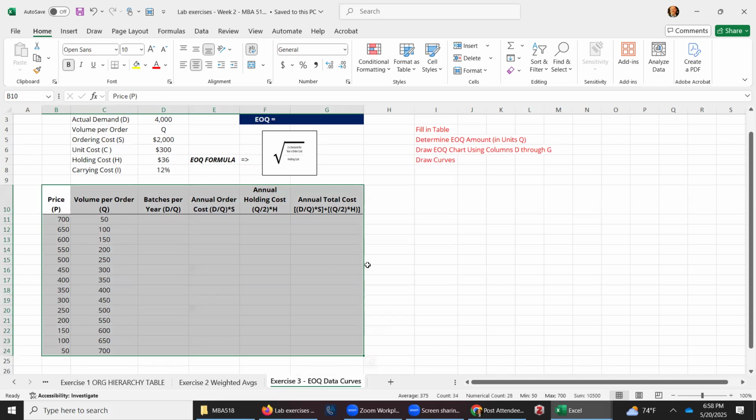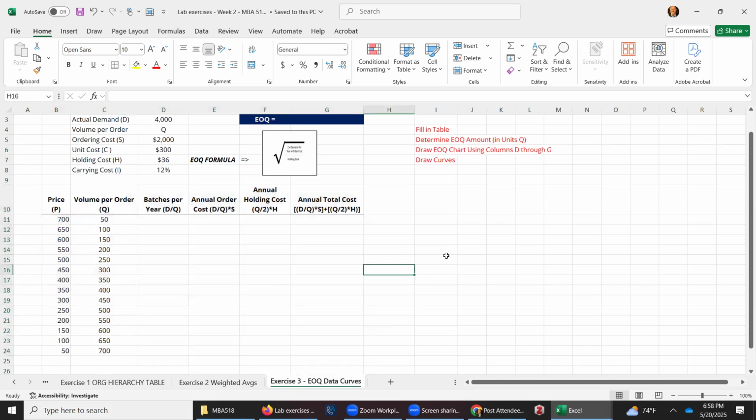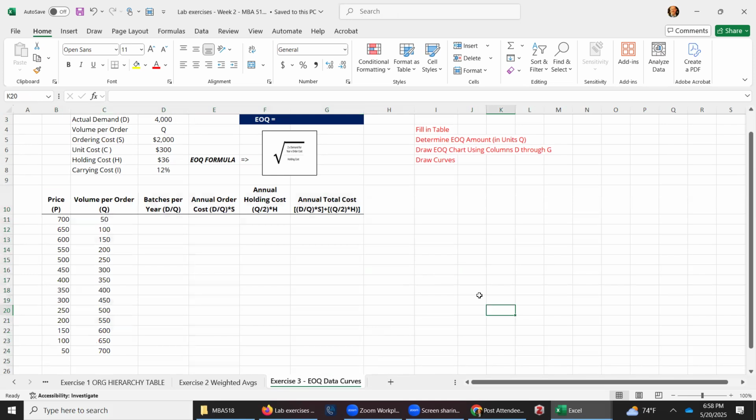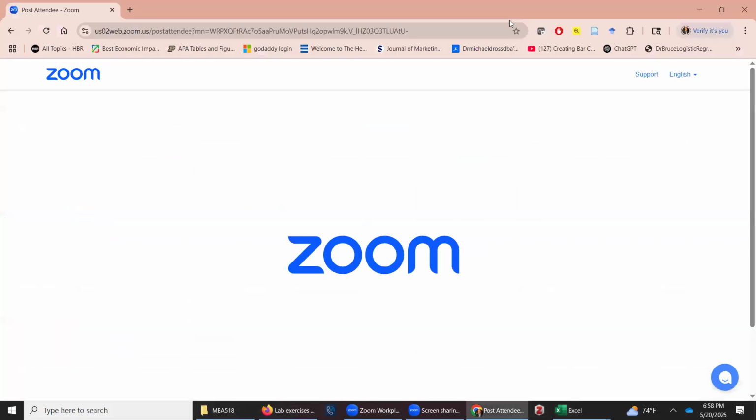You said D through G, I think, or it says using columns D through G. Or did you want us to include C? Yeah, I think we need to include C as well. I'll show you in general, I won't reveal the ultimate answer, but I'll show you in general what an EOQ set of curves looks like.